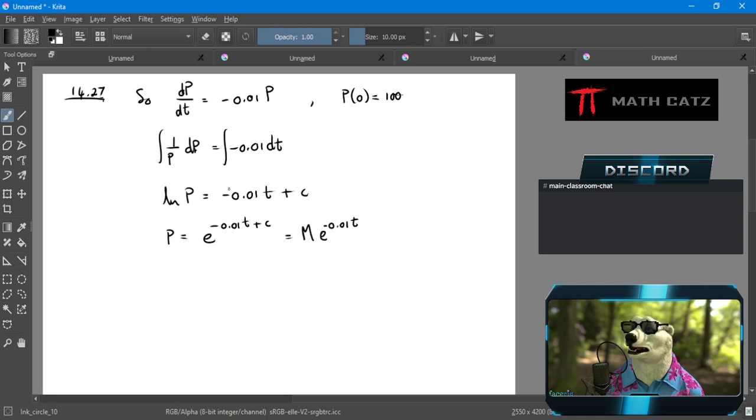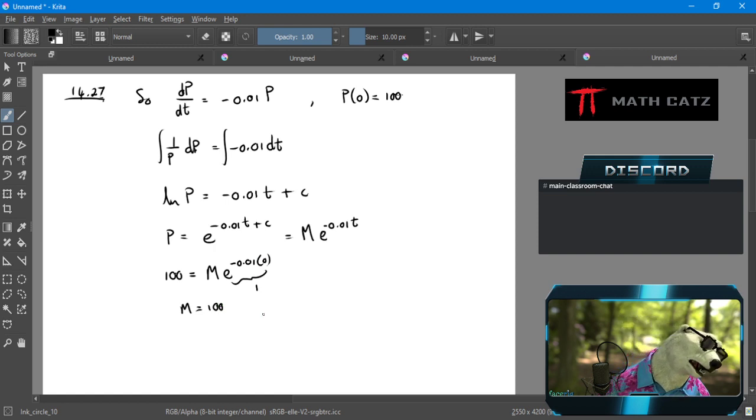It hasn't decayed yet at the start. So 100 equals M times e to the negative 0.01 times 0. It becomes tedious to write this out perhaps, but with this I'm practicing that first part of the question that is going to ask me to confirm what the differential equation is and how to solve it.